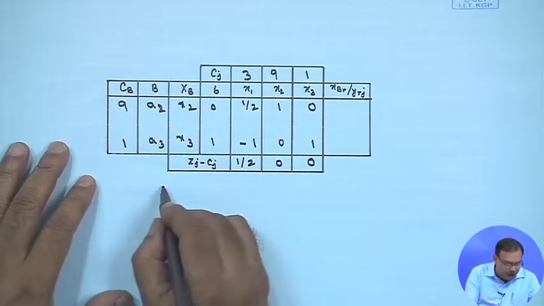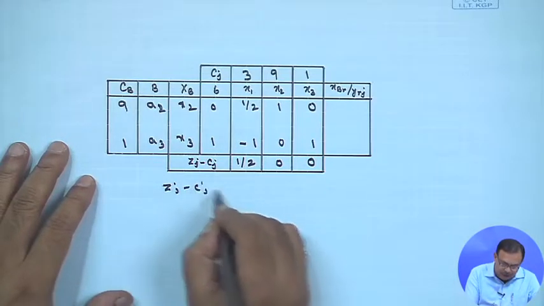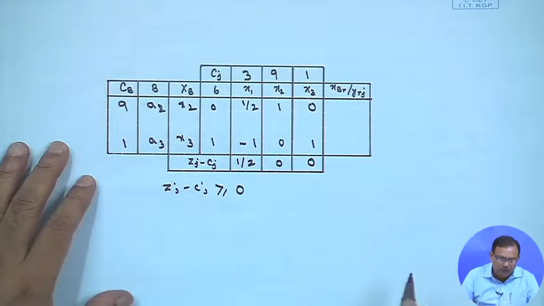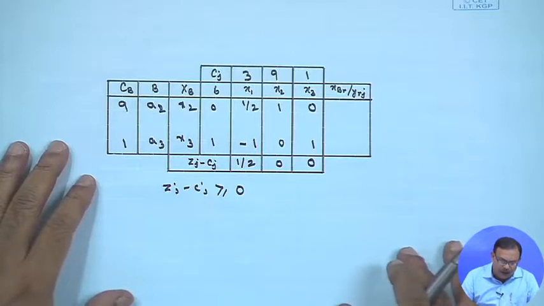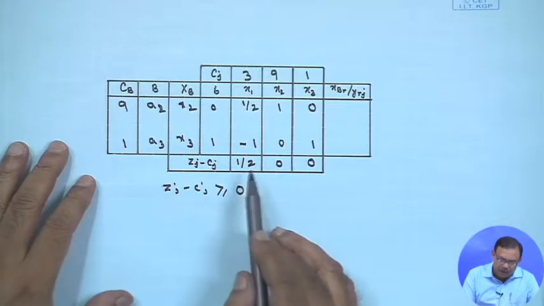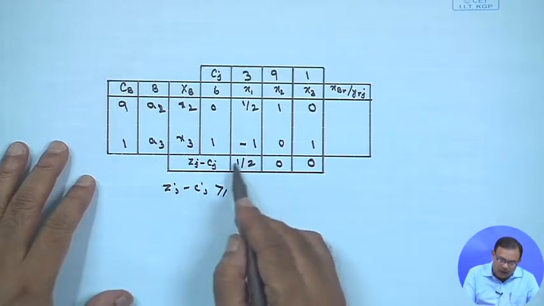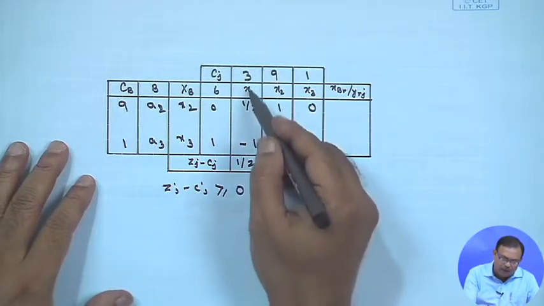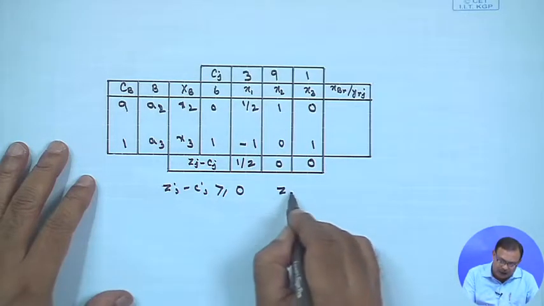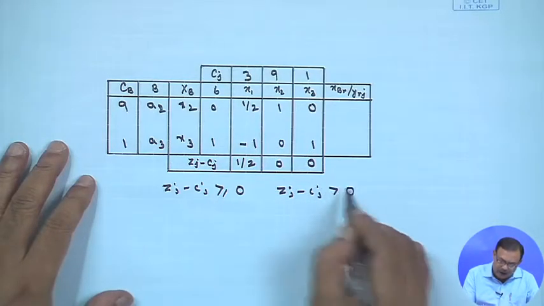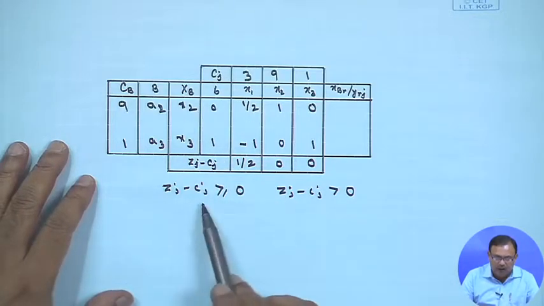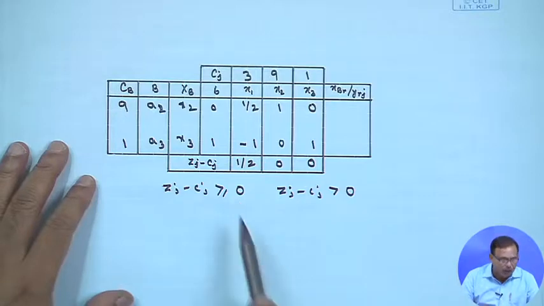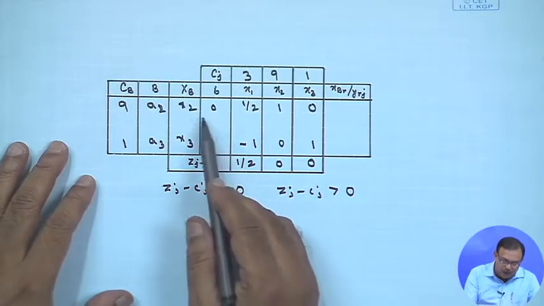Here, if you see, your Zj minus Cj is greater than or equal to 0 for all j, and for the non-basic variable x1, Zj minus Cj is greater than 0, whereas for the basic variables x2 and x3 it is 0. So, you will obtain the unique optimal solution.